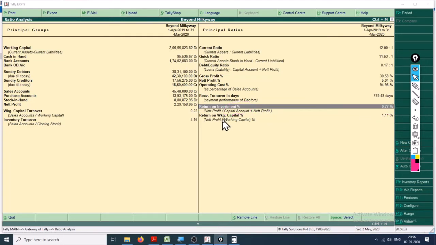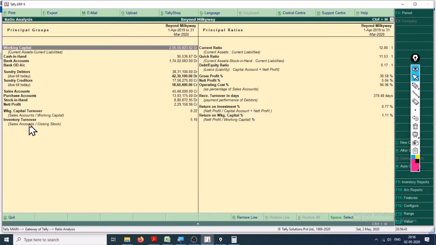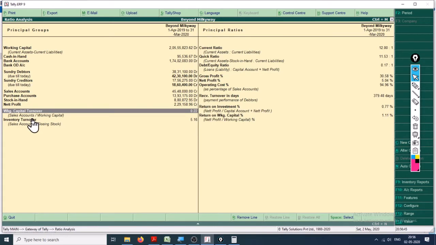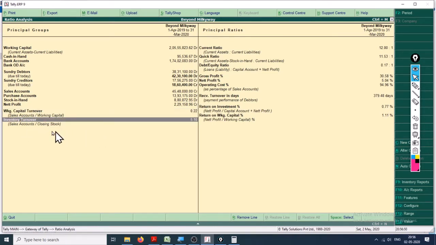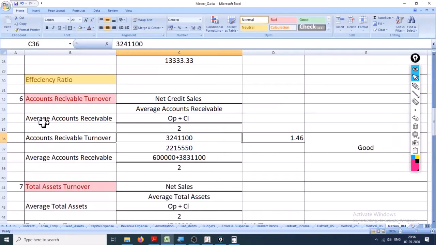Now return on working capital, that is net profit divided by working capital, 1.11%, 229158 divided by 205. Working capital turnover ratio, that is sales account divided by working capital. Inventory turnover ratio is sales account divided by closing stock, but we calculated it in some other way.